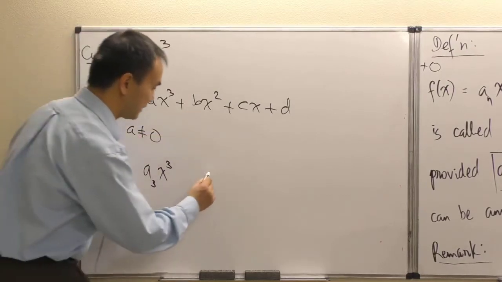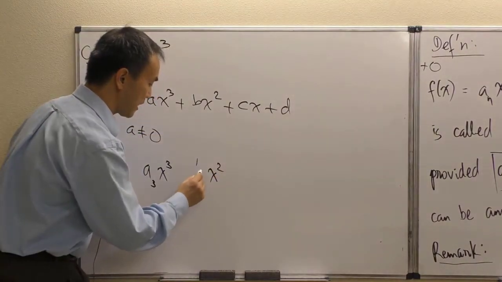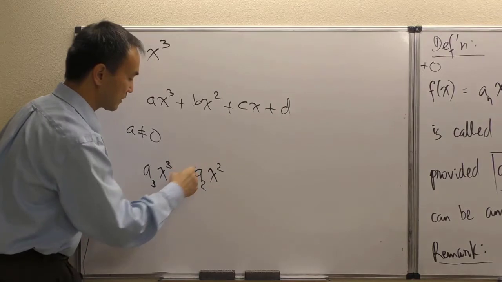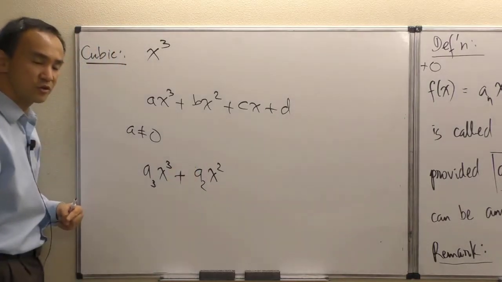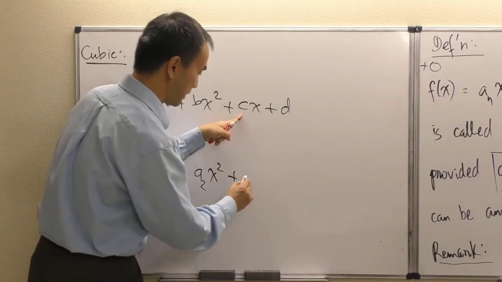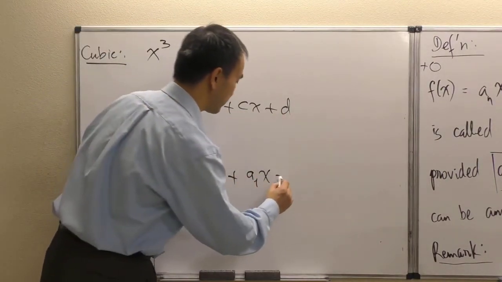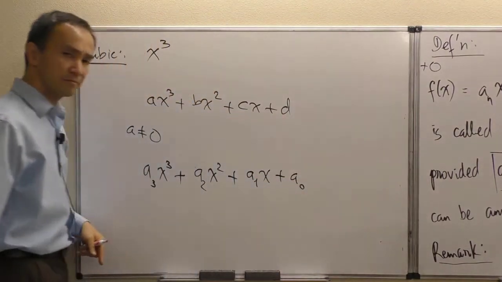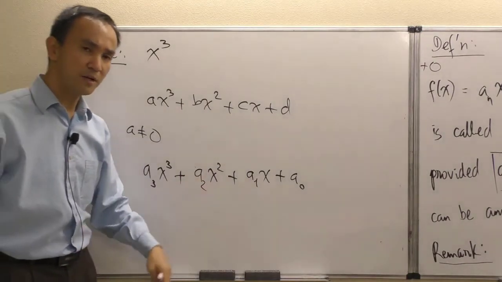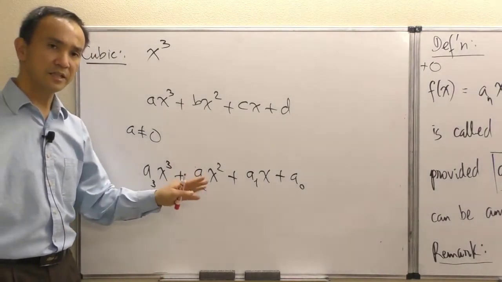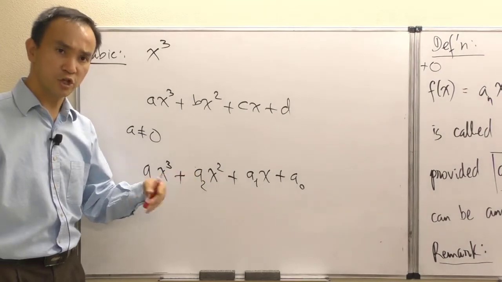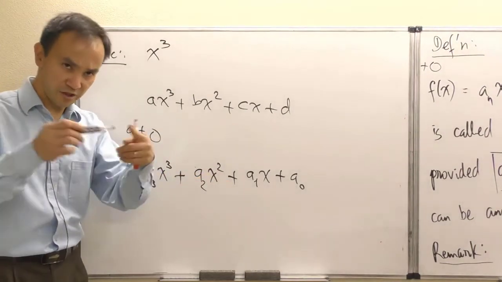That here I call a2, and yes, adding between those two. And then that c right here is an a1 that goes with the first power, and that last term right here is a sub 0. This is another polynomial, of degree 3.